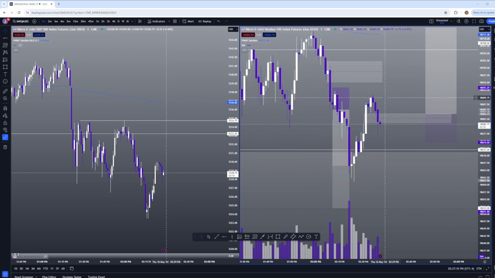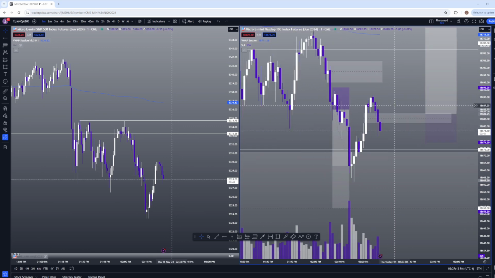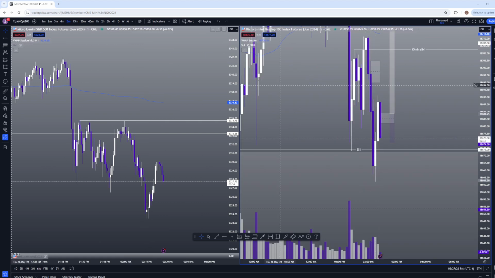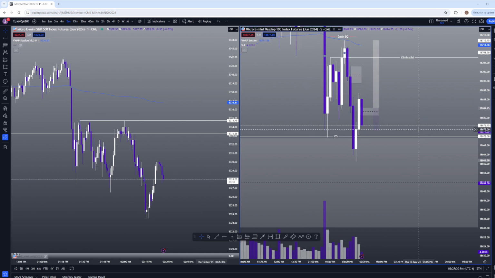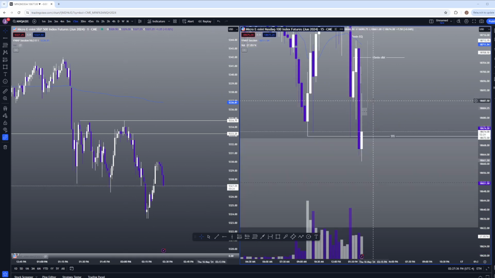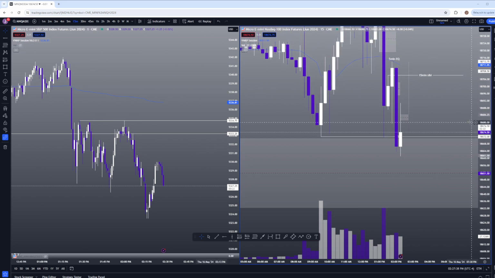We'll see here what happens. Yeah, that's a pretty strong bounce from that 15-minute order block there.